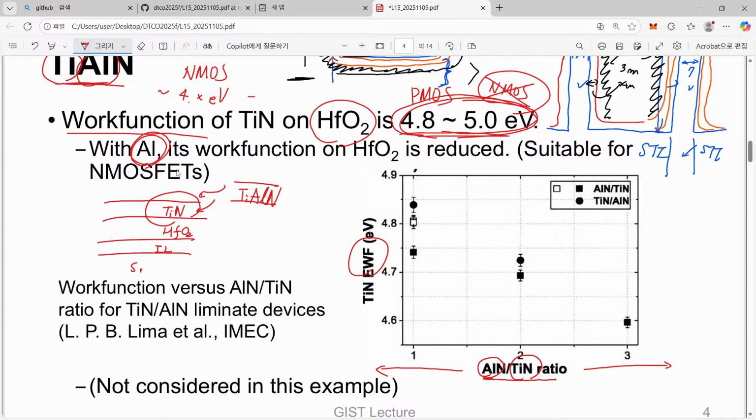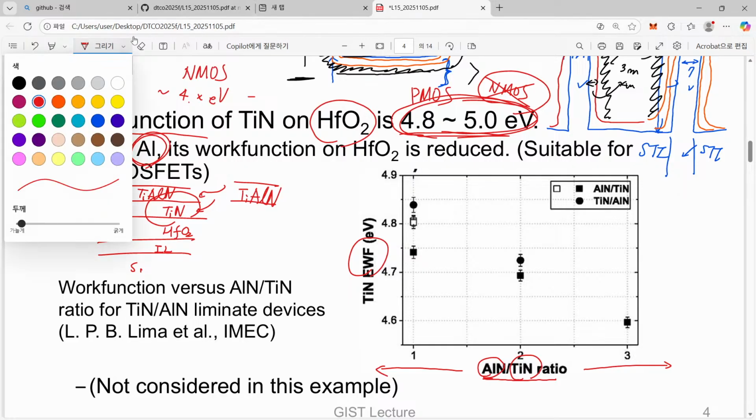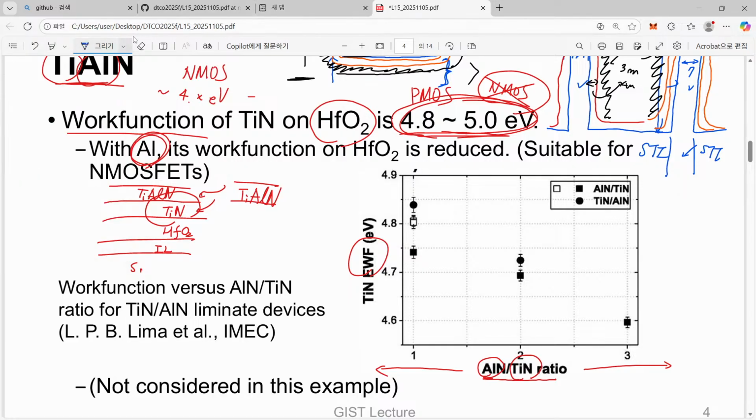Of course, if we just add titanium aluminum nitride on top of this, then its threshold voltage never changes. The most important point in this structure is not this part.